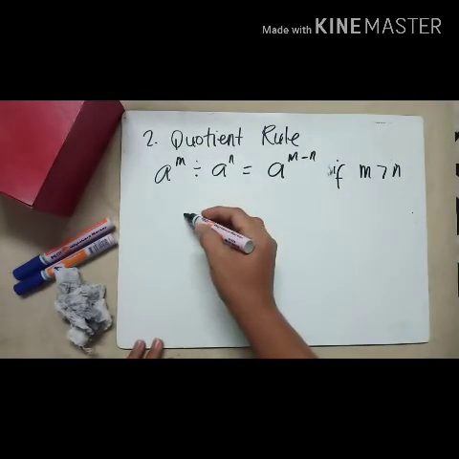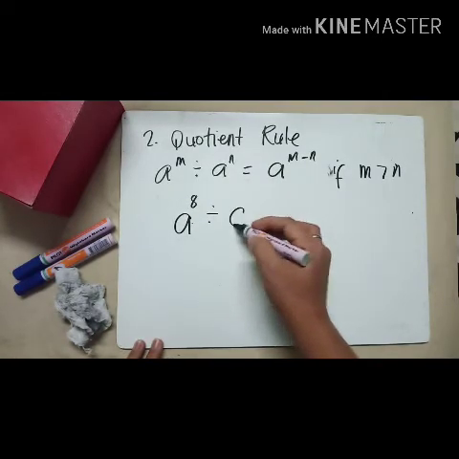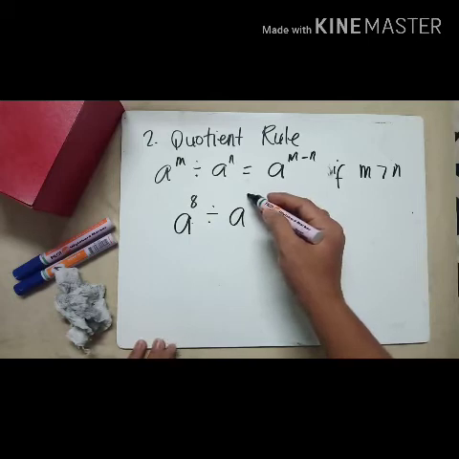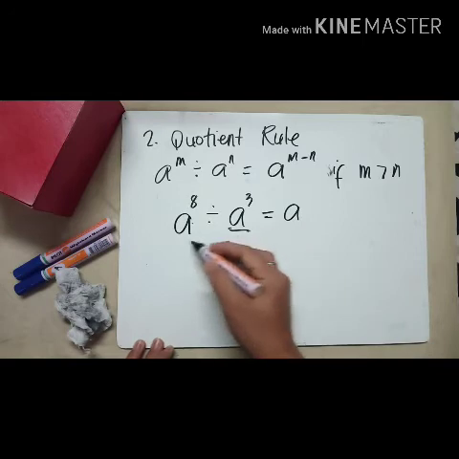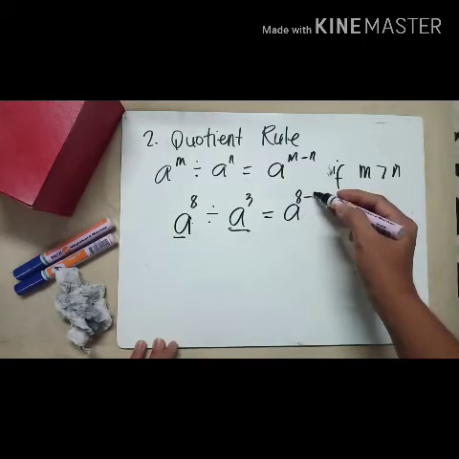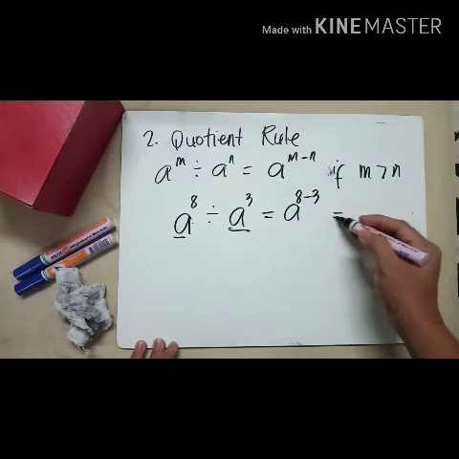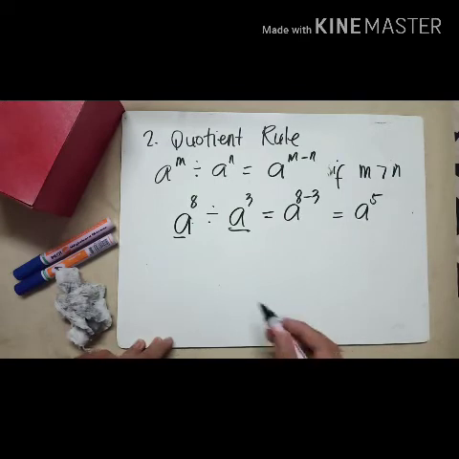So for example, a raised to the power of 8 divided by a raised to the power of 3. So just copy the base since they are the same and then subtract the exponents. So 8 minus 3. So that will become a raised to the power of 5.